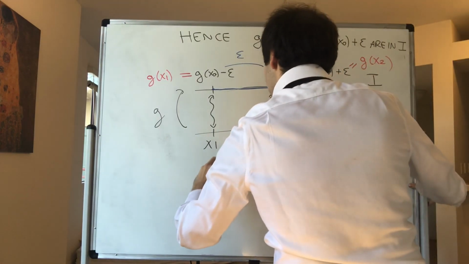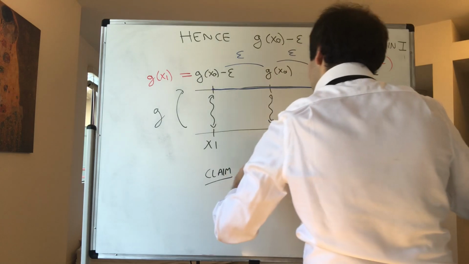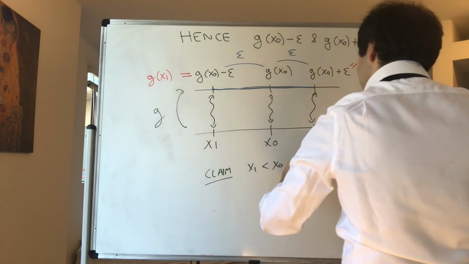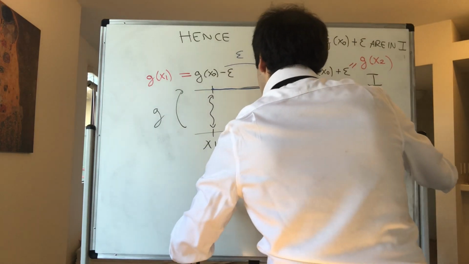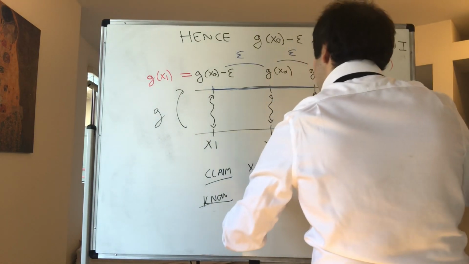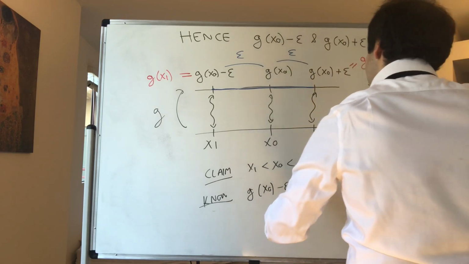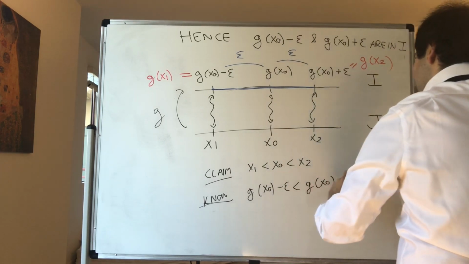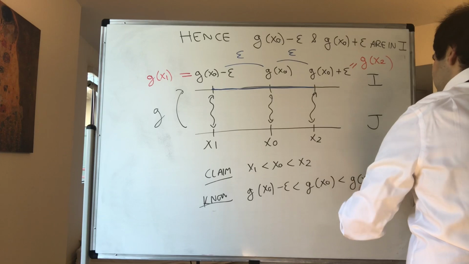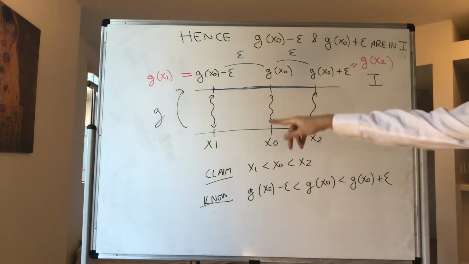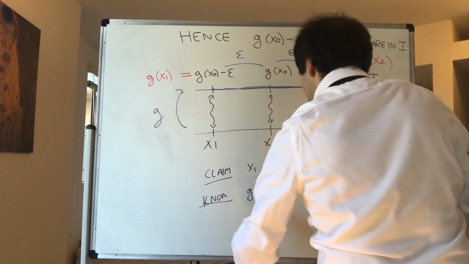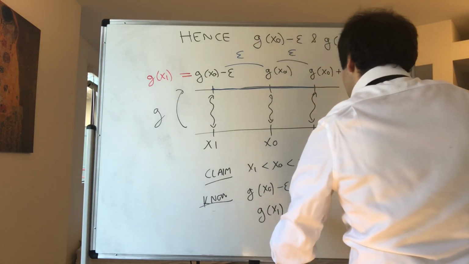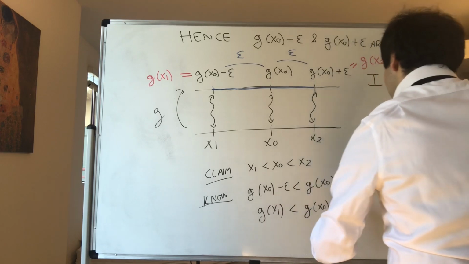We do know that g of x0 minus epsilon is less than g of x0 is less than g of x0 plus epsilon. But then this thing here, that's of the form g of something. So g of x1 is less than g of x0 is less than g of x2.